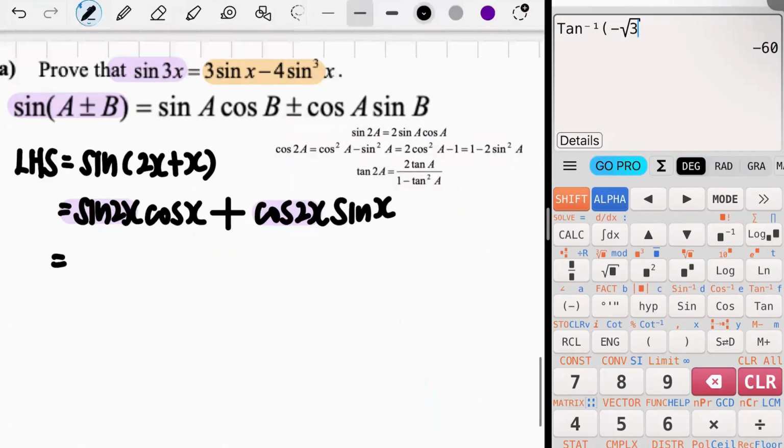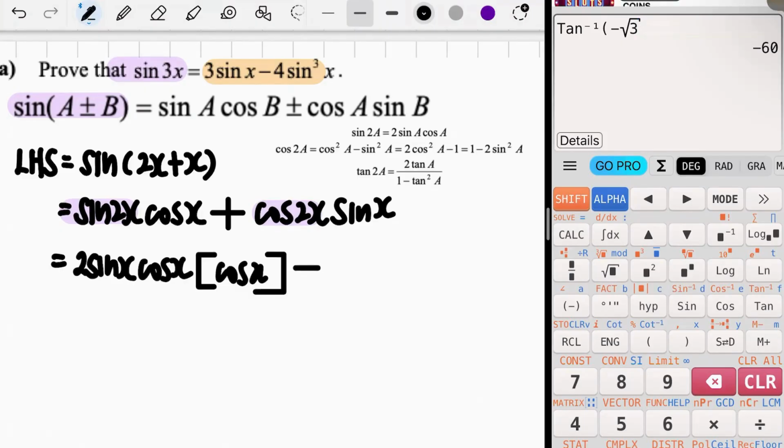So sine 2x is 2 sine A cosine A. This one, no choice, I have to use that. So 2 sine x cosine x multiplied by the other cosine x from here. I'm going to separate it so you can see. The cosine 2x one, let's use this one because we want it to be sine. Don't make your life so difficult by going to make cosine and change again.